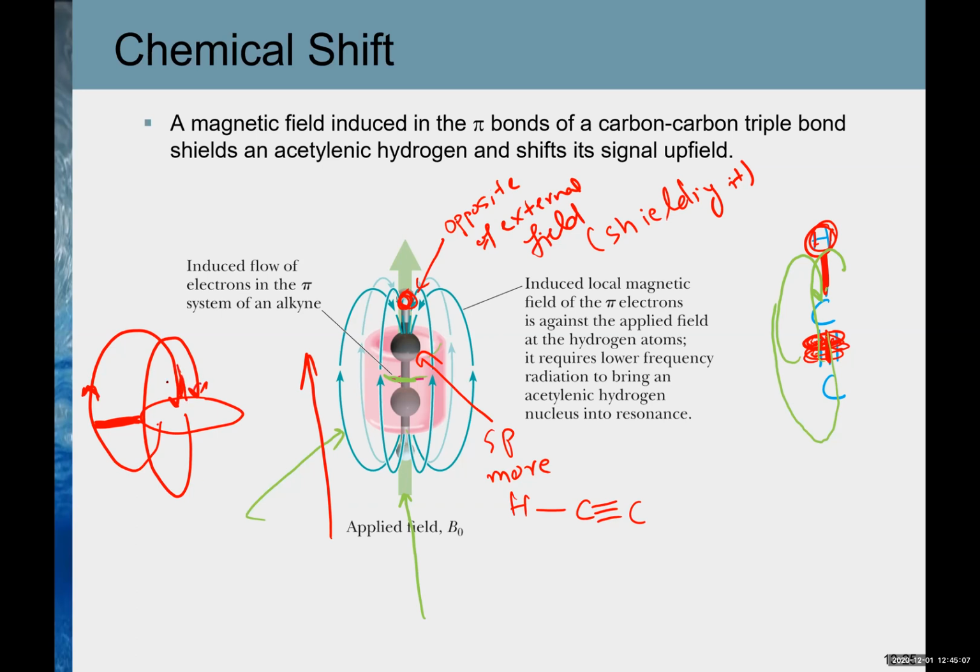It's a circular magnetic field. And it happens that in a triple bond, the hydrogens are present in the middle of the circle, where the ring current has the opposite direction to the external magnetic field. So that's why they are protecting it, or shielding it.